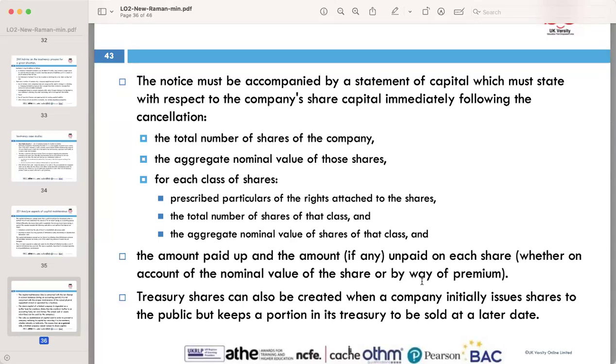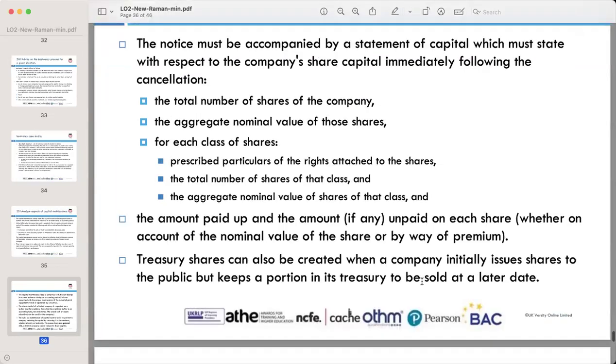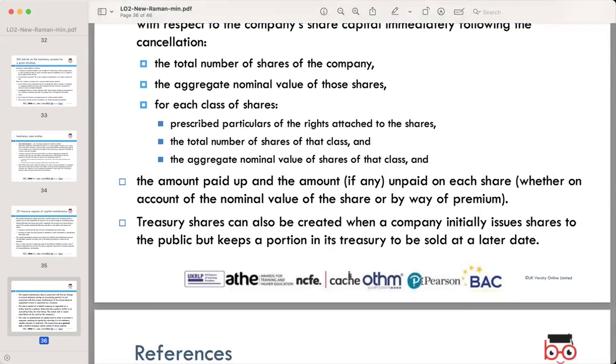This includes the total number and nominal value of shares, and prescribed particulars of rights attached to shares, as well as the amount paid up and the amount unpaid on each share. Treasury shares can also be created initially when a company issues shares to the public but retains a portion in its treasury for later sale.